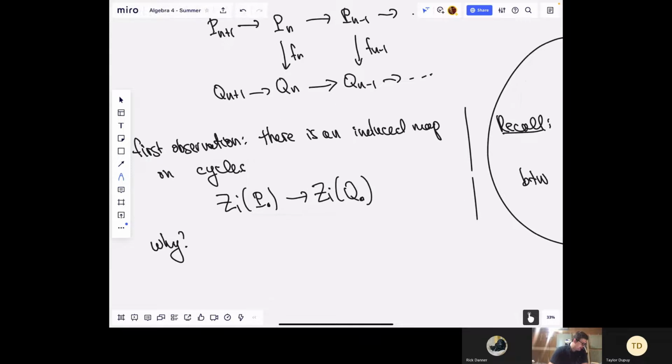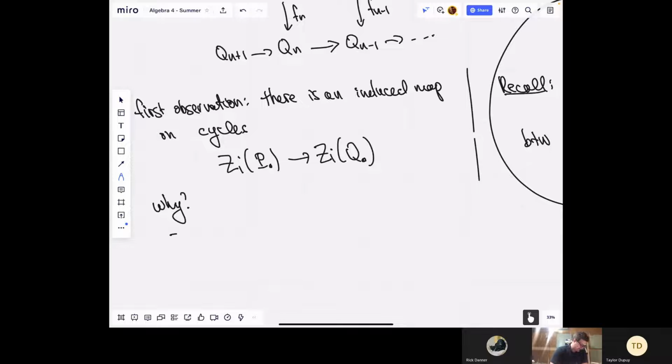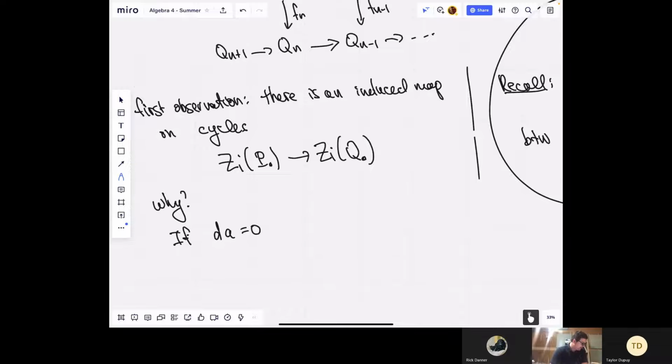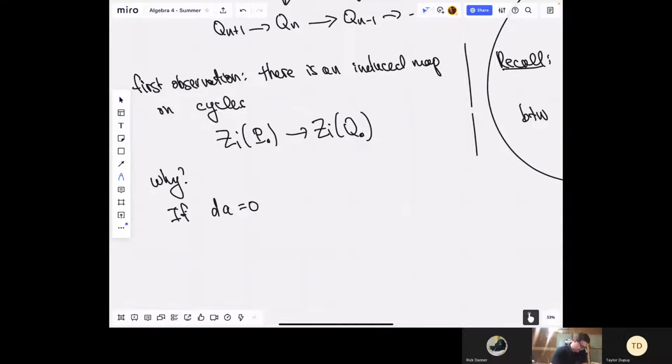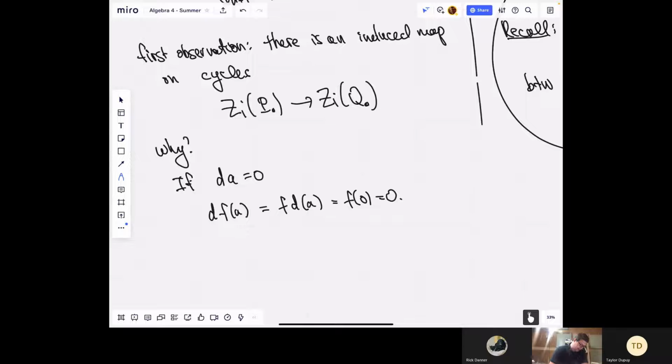Okay, so what we have is if dA is equal to 0, right? Then notice that d of f of a, because it's a chain map, commutes with f of d of a, right? Which is f of 0, which is 0. Okay, so this implies that if dA is equal to 0, then d of f of a is equal to 0. Okay, so this is why you have a map on cycles.